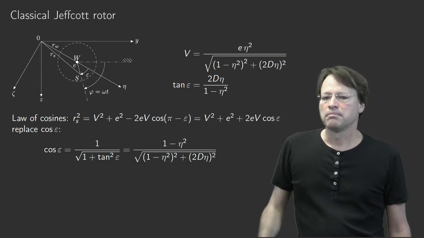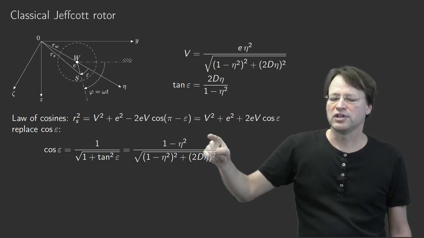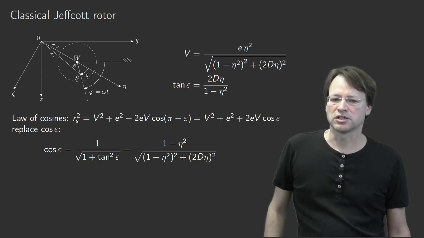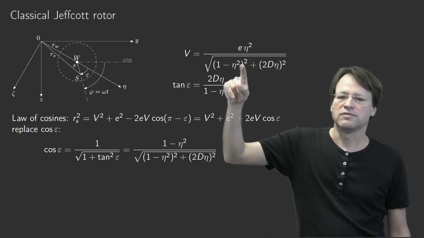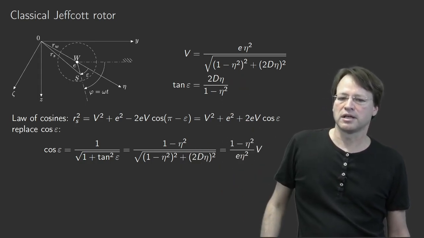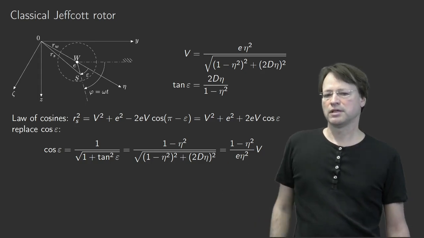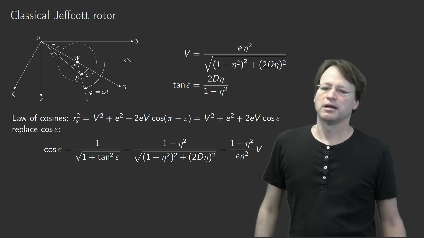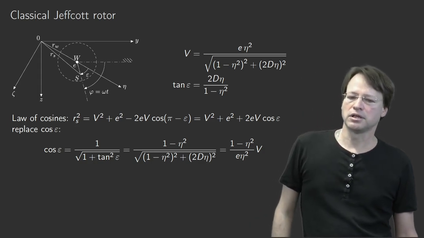That's good, because then we can introduce the magnification factor V. It's simply 1 minus eta squared. Then you have to divide by E and eta squared, and then you can multiply by V, right? Because both terms share the same denominator.